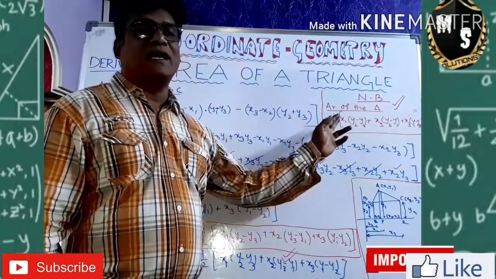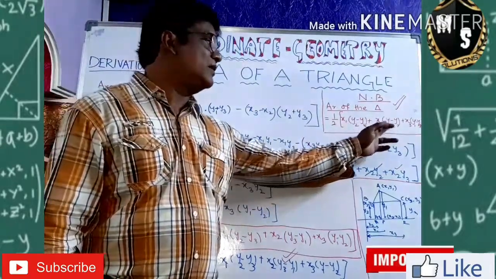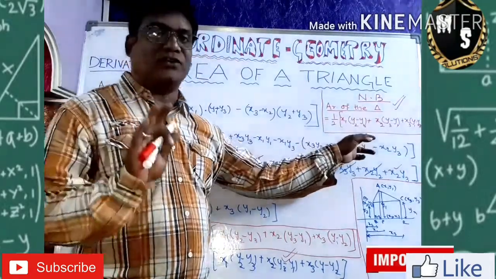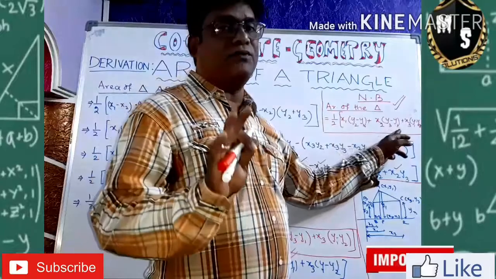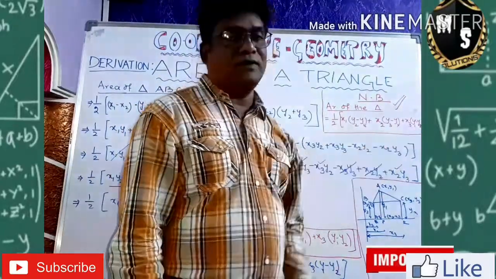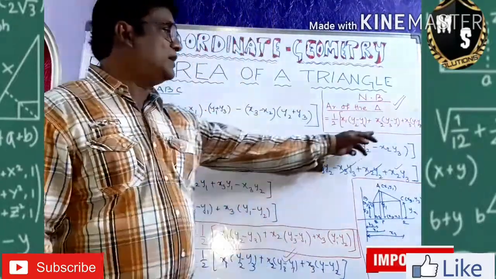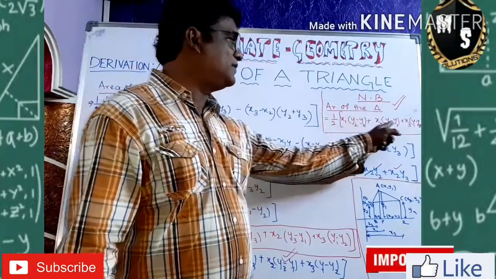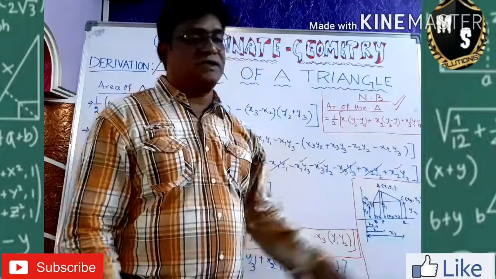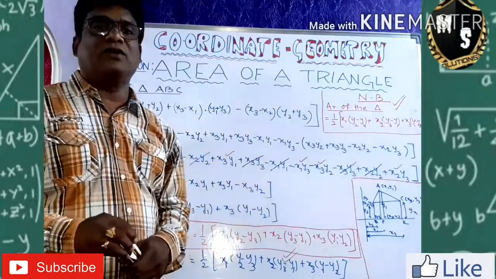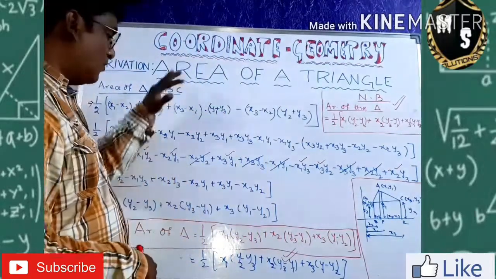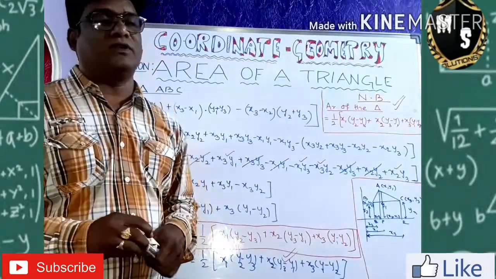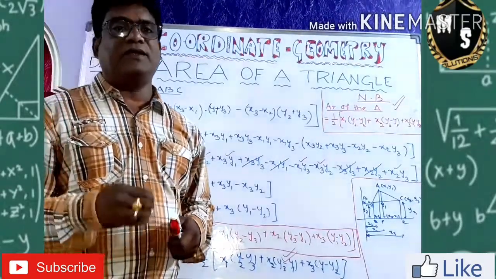It is coming x into y minus y plus x into y minus y plus x into y minus y, with 123, 231 and 312. I put x into y minus y 2 more times and put these numbers. You can easily get the formula of the triangle. So I hope you understood this part. The sums related to the area of the triangle, I will do next.